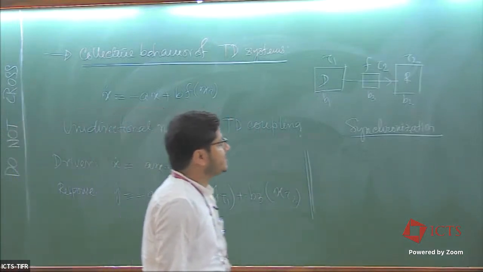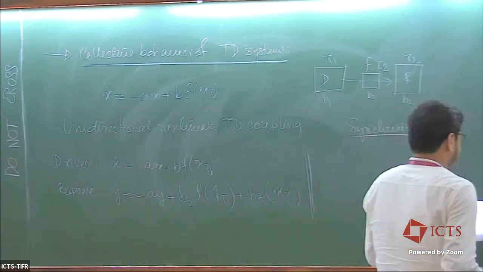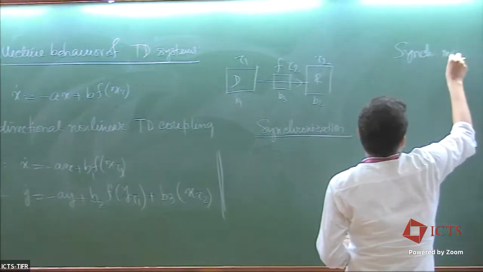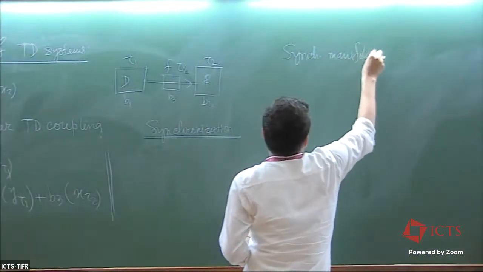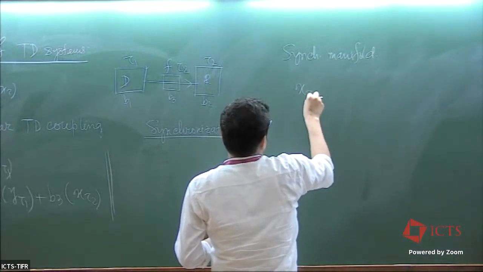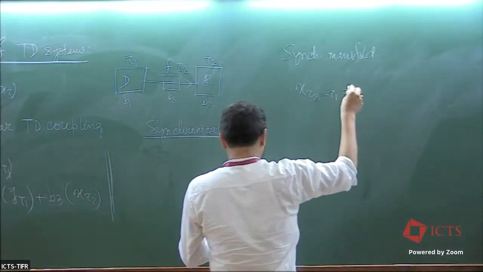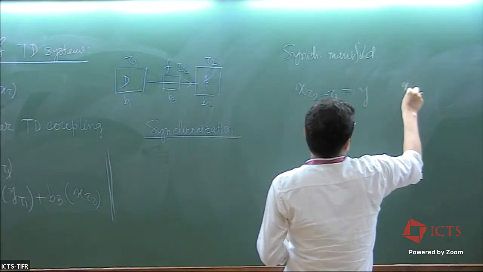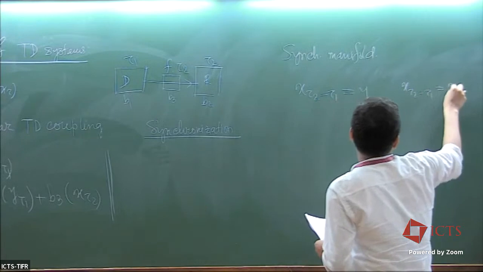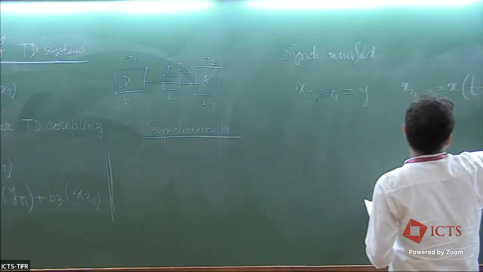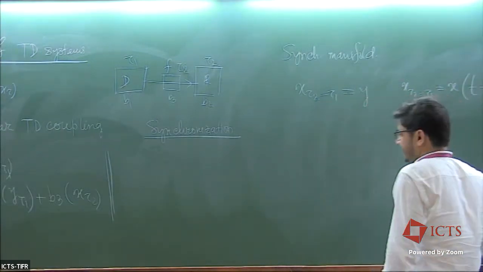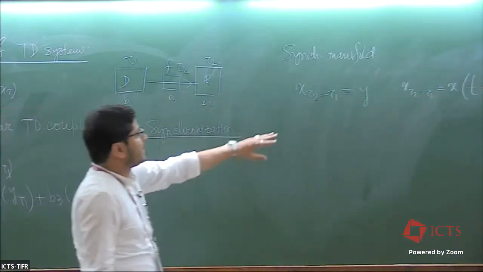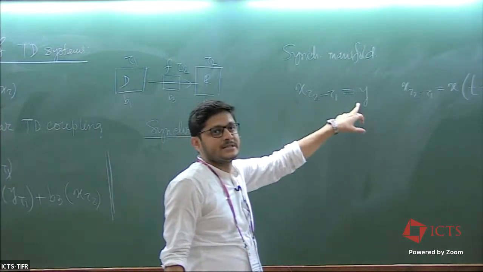Then the synchronized manifold will be given by x of t minus tau 2 minus tau 1 is equal to y. If this happens, then we can say that the driver and response systems are synchronized.